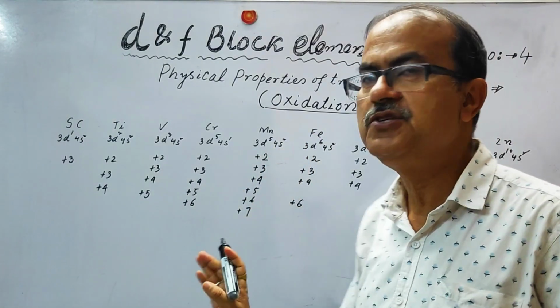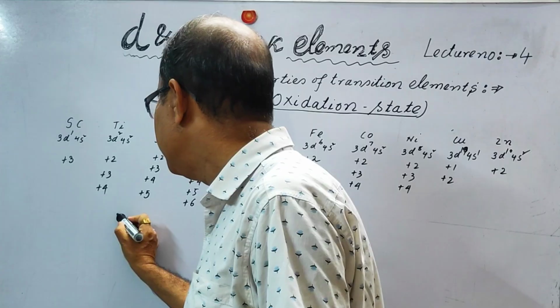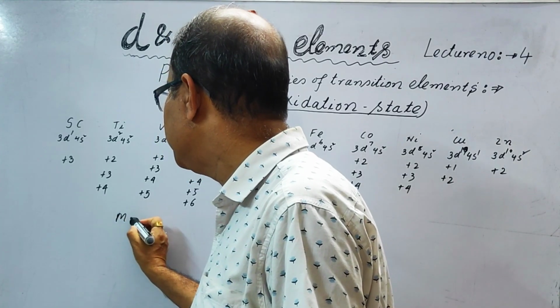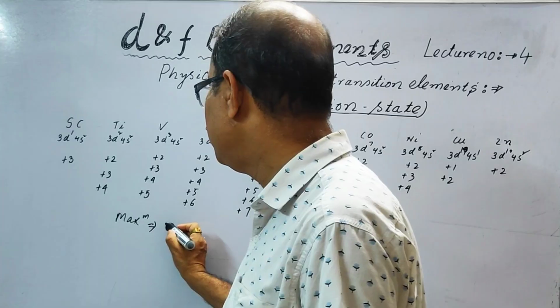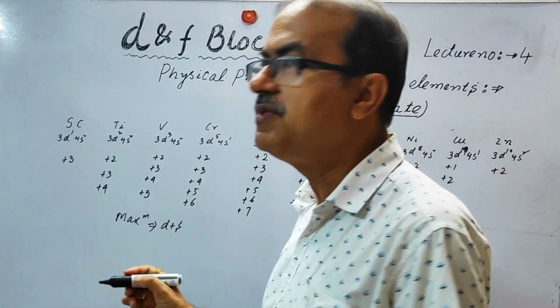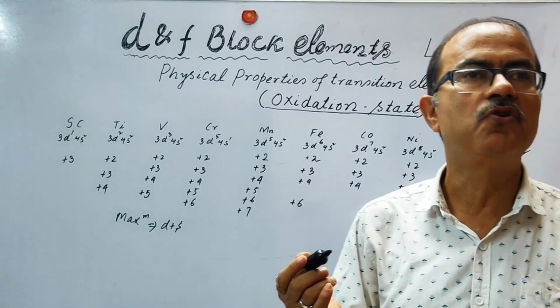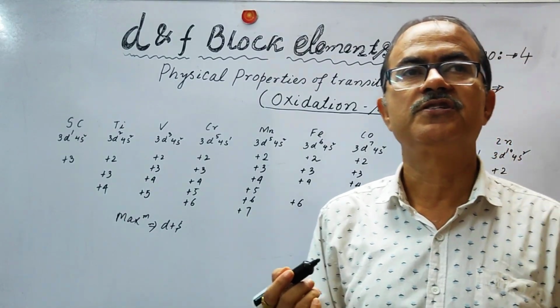In the first half of the series you will find there is a rule. The maximum oxidation state shown is equal to the sum of the d and s electrons. That sum of the d electrons and s electrons gives the maximum oxidation state.